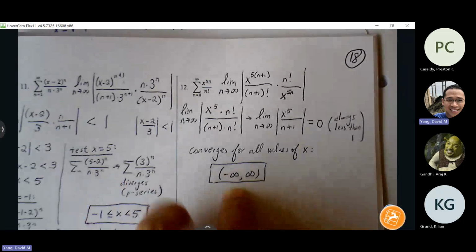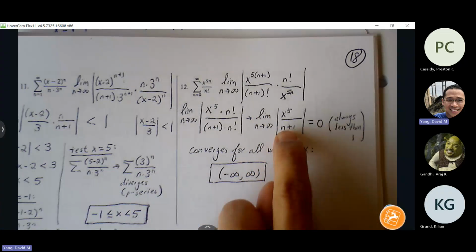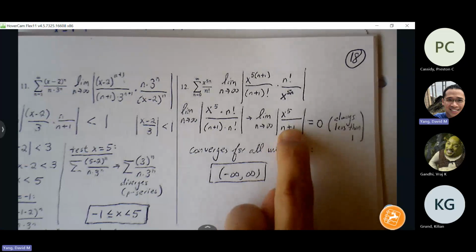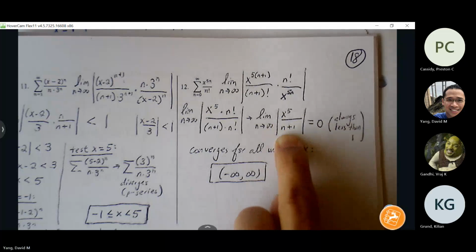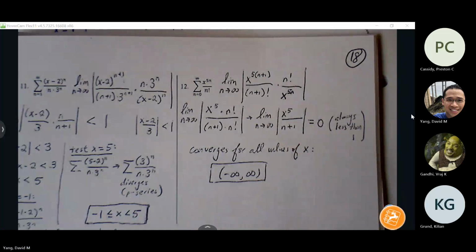No x value will cause my limit to be greater than 1, because as n approaches infinity, that denominator increasing will always force whatever fractional value to go to 0.